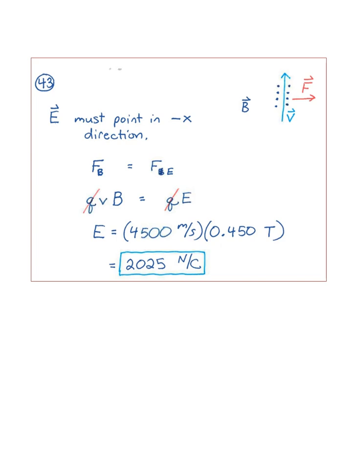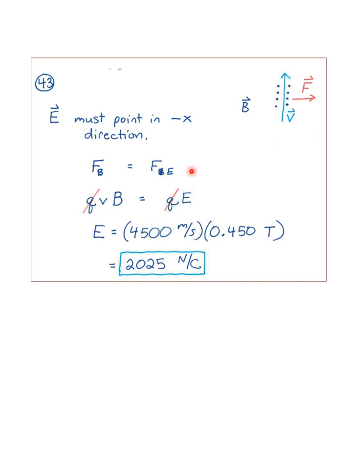So the electric field needs to point in the negative x direction. The reason is, if you use the right-hand rule, you can see, as I've drawn in the diagram, that the magnetic field is pushing it in the positive x direction. So the electric field needs to push it the other way.